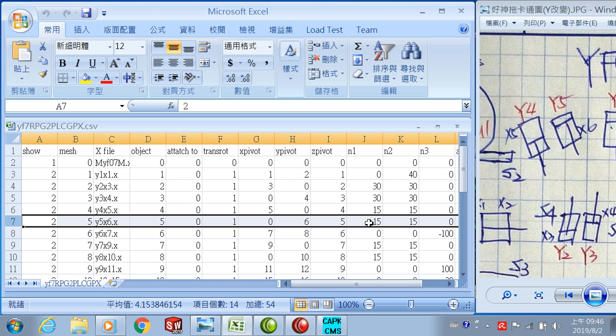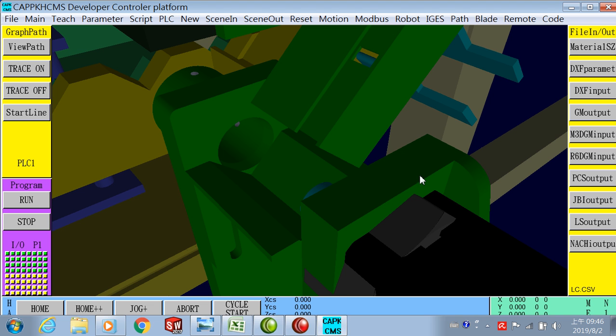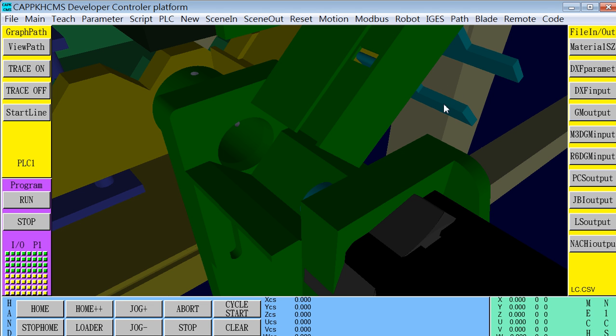The moving is S15 to the right, 15 up, inclined 45 degrees. Okay, let's see Y5, this one, the separator. On, off, on, off.